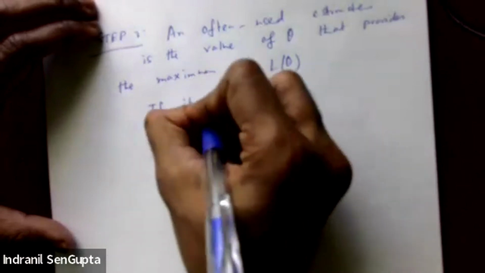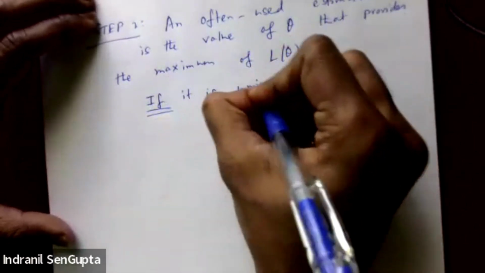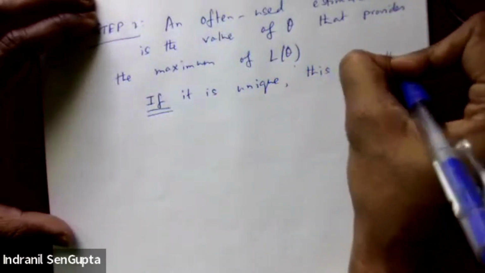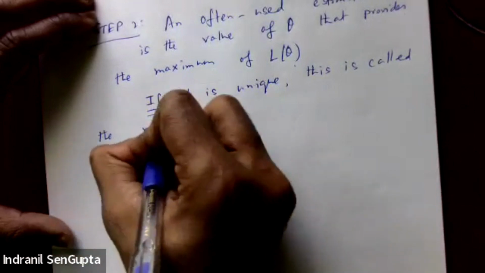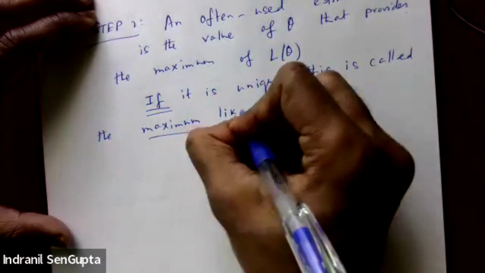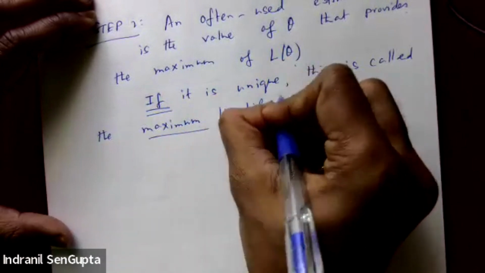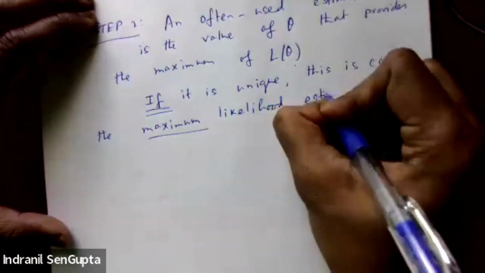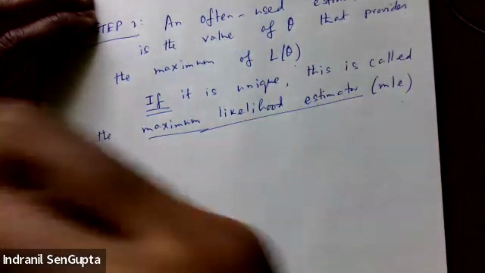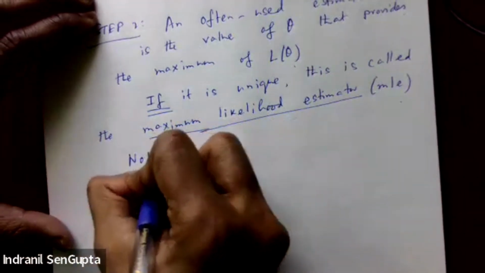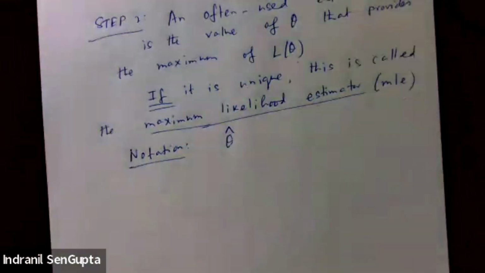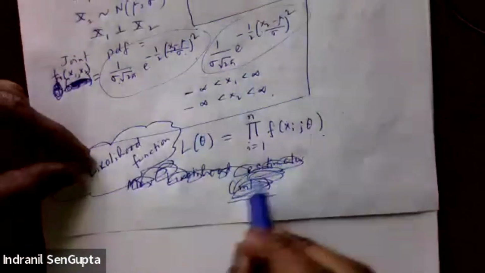If it is unique, this is called the maximum likelihood estimator. I will do a bunch of examples, so we'll see. It's MLE, and we denote it by theta hat. So theta hat is a value of theta that maximizes this quantity.